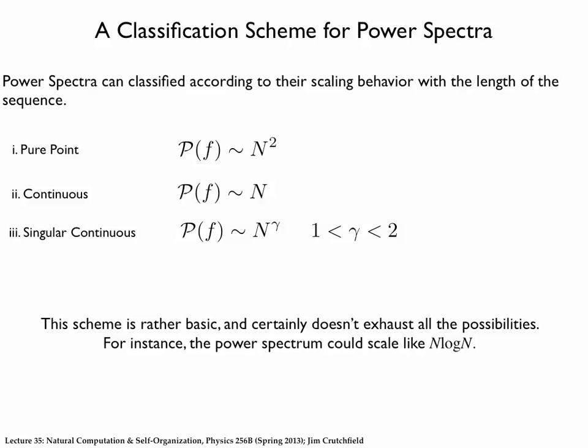Sir? So in the continuous process, would that be something where there's basically no correlation? No. It could be, but there's no correlation. So I haven't been terribly clear: in this column is the character of the power spectrum, what kind of power spectrum it is, and this is how it scales.